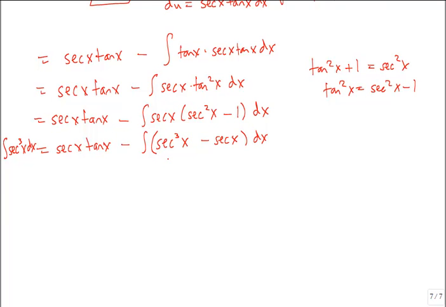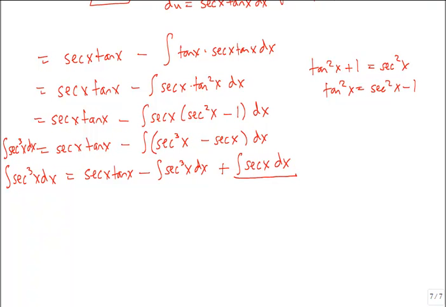So let me clean up my signs here just a little bit so that we're not going to get ourselves in trouble. I'm going to distribute this negative across and break up this integral into two separate integrals. So I'm going to have negative the integral of secant cubed x dx, and then minus minus becomes plus the integral of secant x dx.